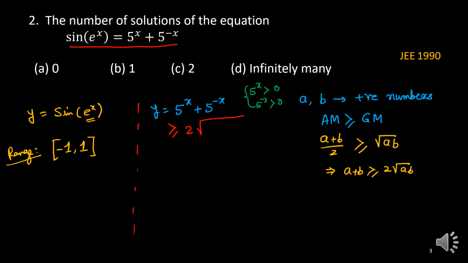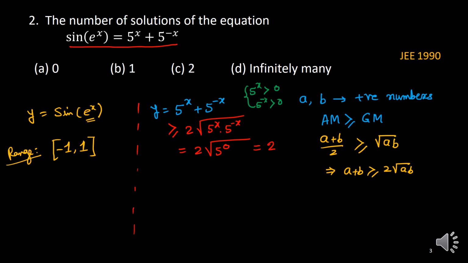That is the important thing. So the addition of these two, a + b, should be at least 2 times the square root of ab. I write 5^x times 5^(-x), which gives 2 times the square root of 5^0, and that is nothing but 2, because 5^0 is 1 and the square root of 1 is 1. So y is greater than or equal to 2.